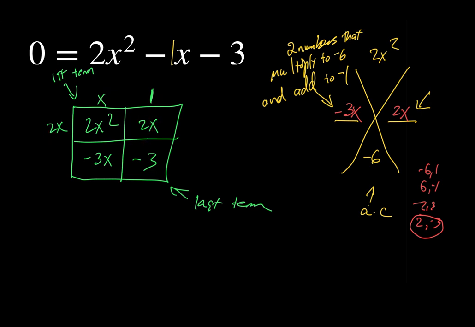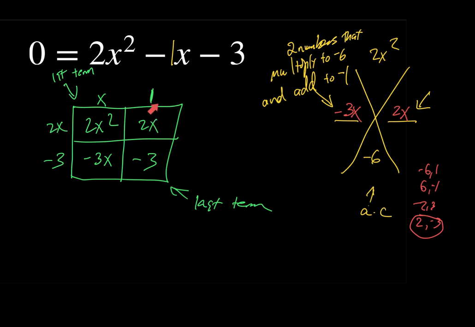That gives me 2x. And then if I look at this column, say, all right, x times what is negative 3x? Negative 3. And then lastly, I check, does negative 3 times 1 equal negative 3? Yes. Again, we're looking at dimensions of that rectangle. The dimensions of that rectangle are negative 3 by 1, which is negative 3.